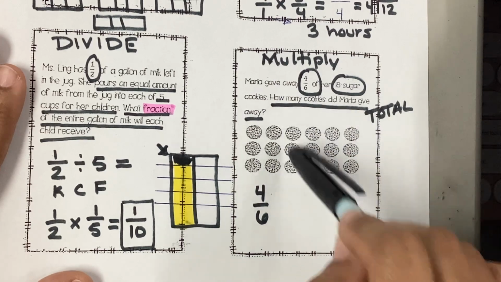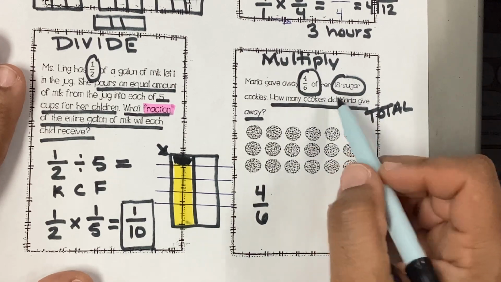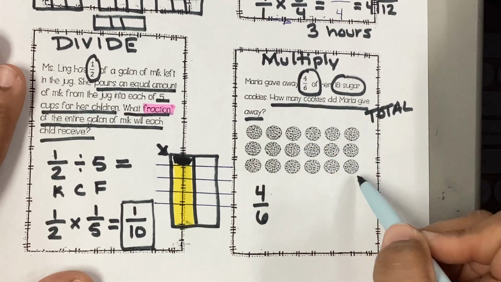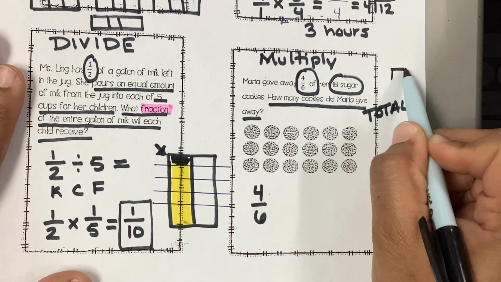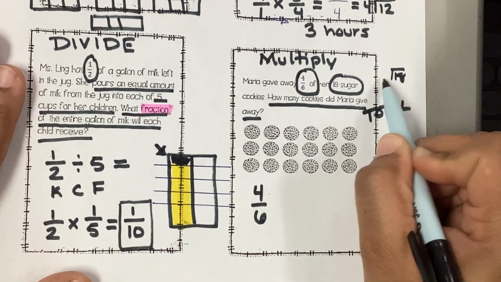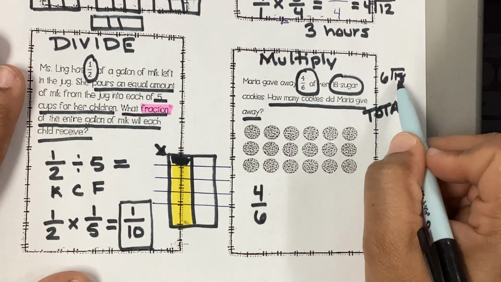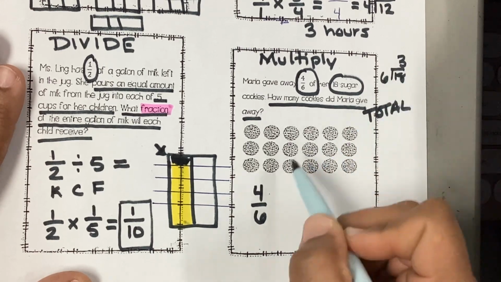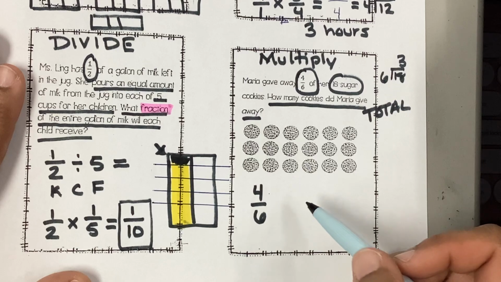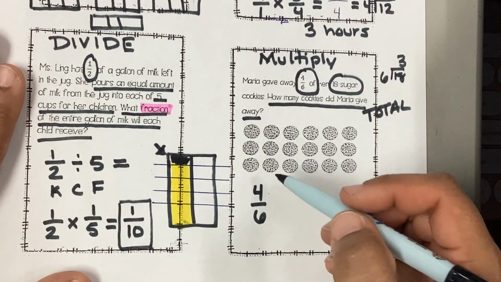So I need to find out how many need to be in each group. So I would take 18 and divide it by 6. 6 can go into 18 3 times. So for there to be a group, I need 3 cookies.